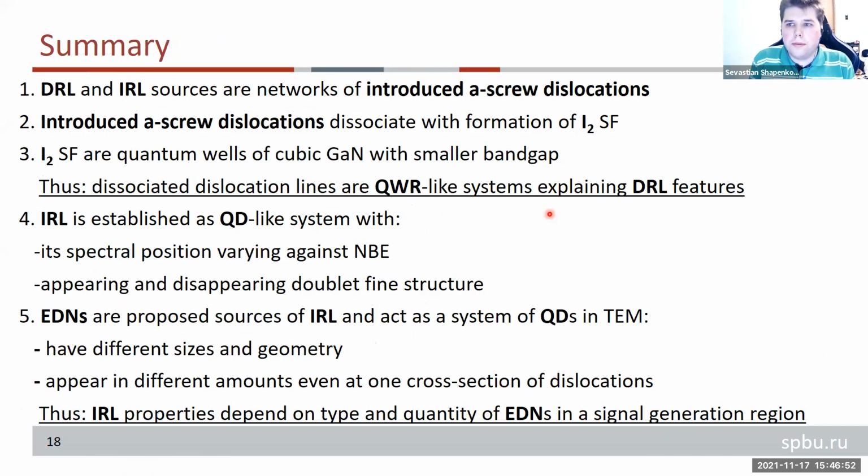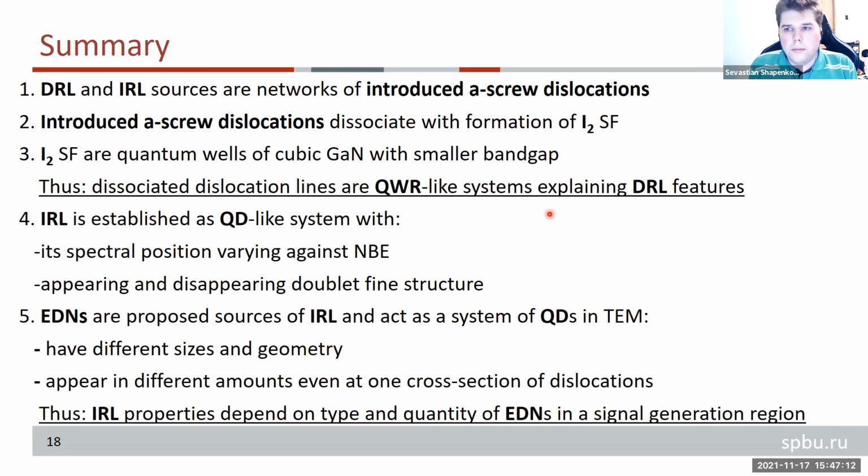So to sum up what I have told, we have dislocation-related luminescence with 2 bands. One is from dislocation lines. Another one is from the intersection points.